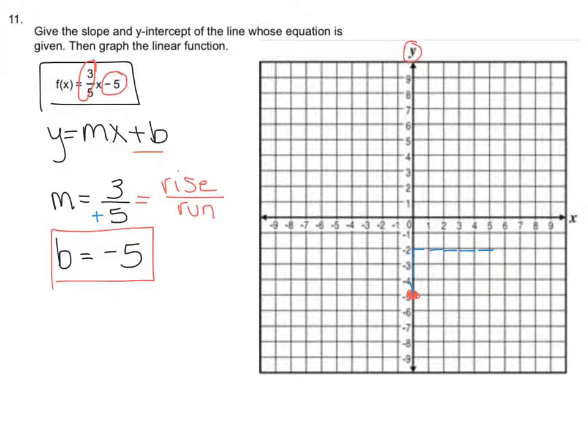And I'll write my new point after I made both of those movements. So going up 3 and to the right 5 gives me a new point of 5, -2. Once you have 2 points, you can connect the dots to make a line.